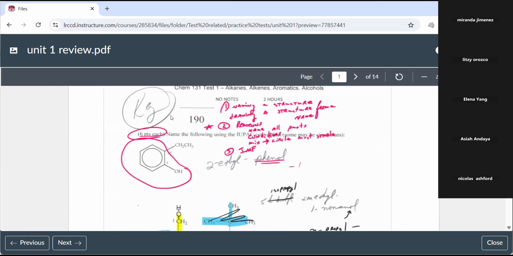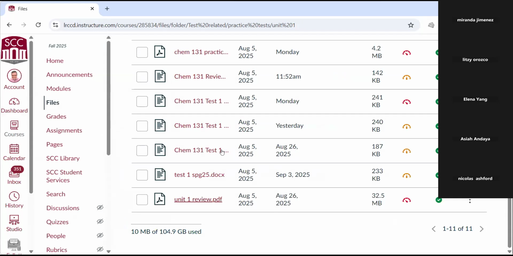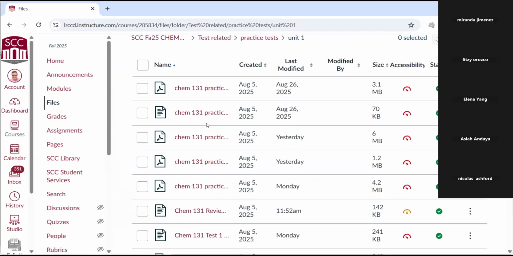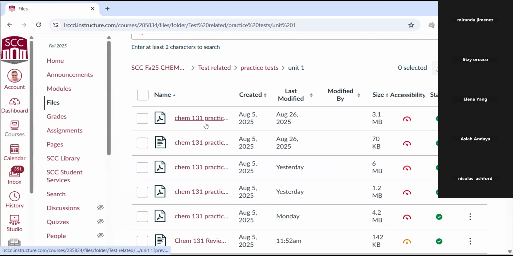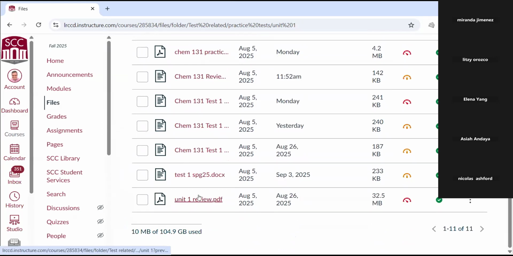I think the ones I did were the Chem 131 test, and those were the ones up here. Yes. Okay, I don't remember which one of these is the one I'm going over right now.